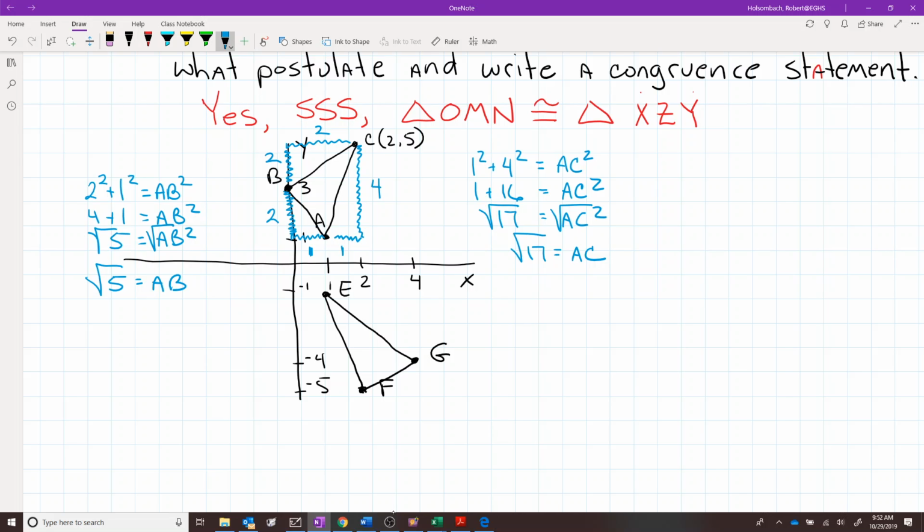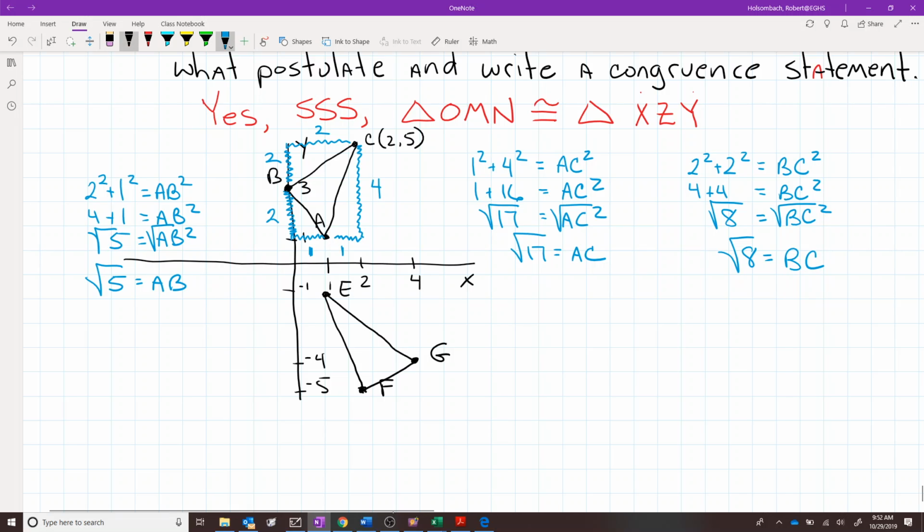So your side BC, 2 squared plus 2 squared equals BC squared. So 4 plus 4 equals BC squared. So 8 equals BC squared. So the square root of 8 equals BC.